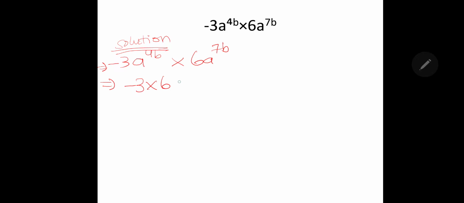Alright, so another wonderful one. Simplify. So what's the solution? Negative 3a to the power 4b times 6a to the power 7b. So let's group all the numbers at one place.